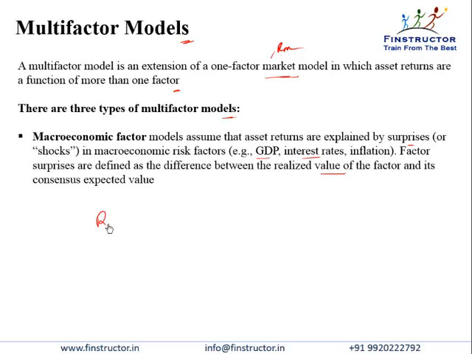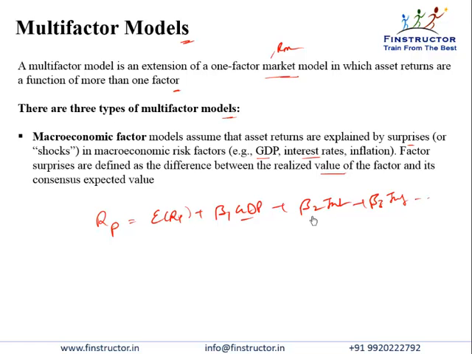So according to the macroeconomic factor model, the return on the portfolio is equal to the expected return plus beta 1 times the surprise on GDP plus beta 2 times the surprise on interest rates plus beta 3 times the surprise on inflation, so on and so forth.